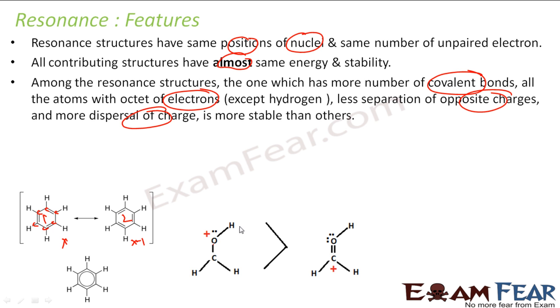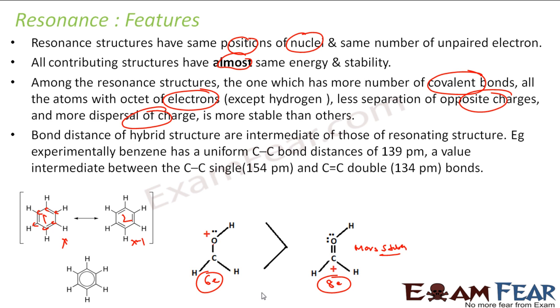And if we talk about carbon, this carbon has 1, 2, 3, 4, 5, 6 electrons, and this carbon has 1, 2, 3, 4, 5, 6, 7, 8 electrons. So if you see, in this carbon the octet is complete. Here the octet is not complete for carbon. Similarly, for oxygen also, the octet is not complete here, complete here. So this will be more stable. Correct.